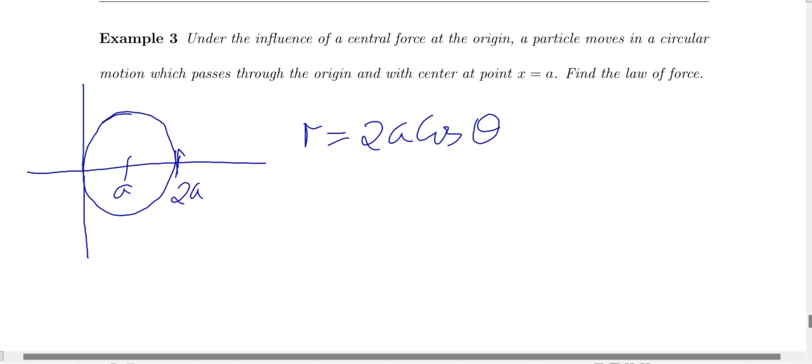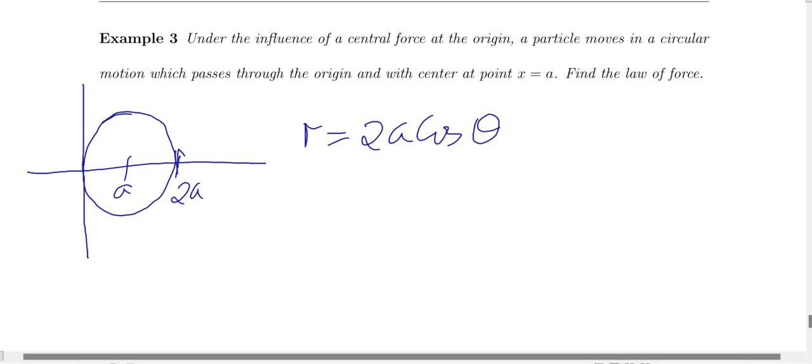And when you move to 180 degrees, and by the time you reach 90, theta is 90, cosine of 90 degrees is 0, and r will be 0. So you have moved from here all the way up to the origin, and then you complete the other half, the other part of the circle.